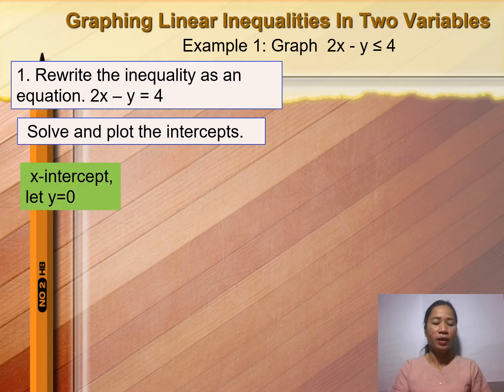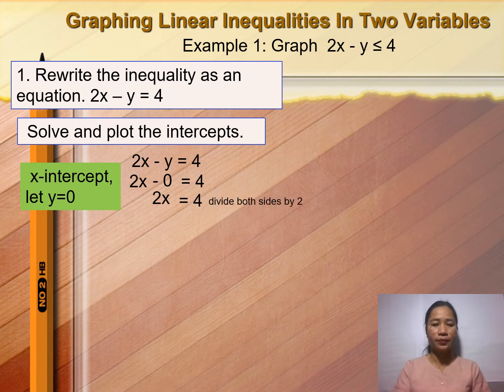To solve the x-intercept, let y be equal to 0. So copy the given equation. We have 2x minus y is equal to 4. And then, replace the value of y by 0. It becomes 2x minus 0 is equal to 4, which becomes 2x is equal to 4.